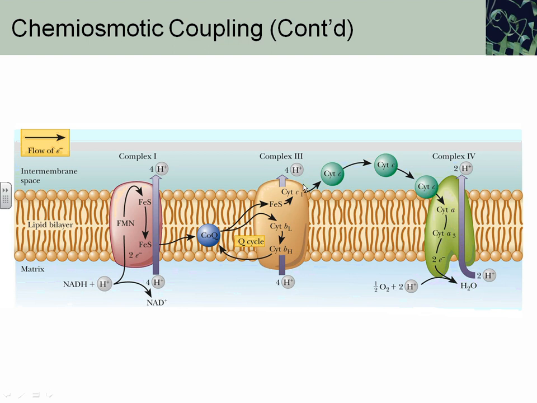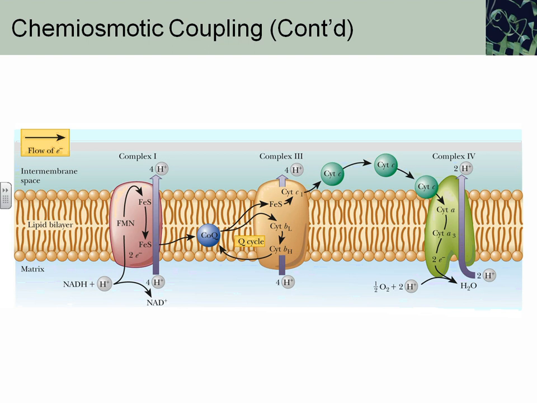Hopefully you can see that as we continue to move more and more electrons through this electron transport chain, a large amount of protons will be collecting in the intermembrane space. We learned in the beginning of the semester that when you have a higher concentration of a molecule such as a proton on one side of a membrane, it can flow by facilitated diffusion through a specific channel down its concentration gradient.